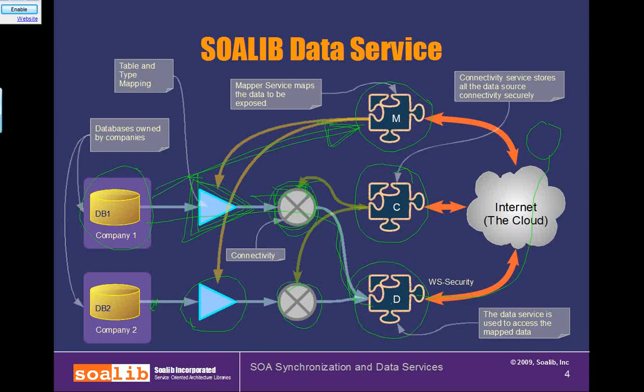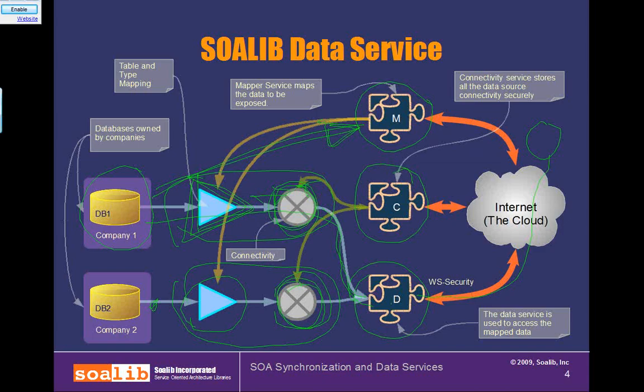And company 2 will also provide the data into the service as read-only. So company 2 is providing these two pieces of information. Company 1 is also providing these two. These are not provided by the client.